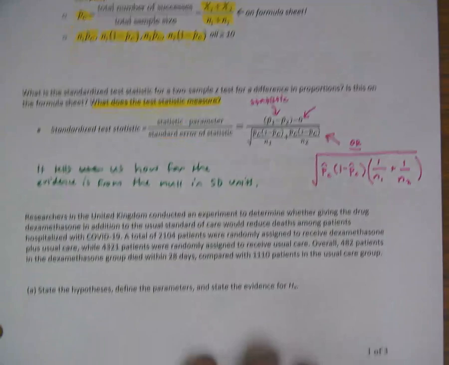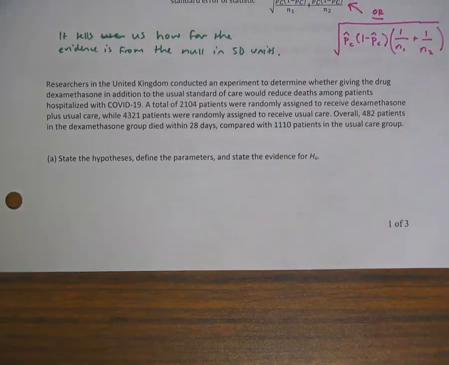All right, let's practice some things here. Researchers in the UK conducted an experiment to determine whether giving the drug, I'm not going to try and pronounce that, in addition to usual standard care, would reduce the deaths among patients hospitalized with COVID-19.